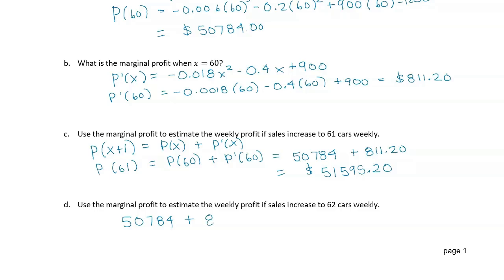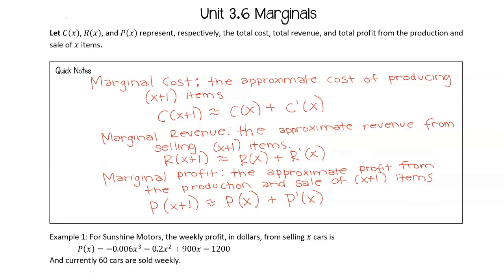So I need to add the $811.20 like I did in Part C. And then if I'm going to sell another car, I need to add another $811.20 because that is the rate. I'm going to sell 2 more at this rate. So this will be $52,406.40.